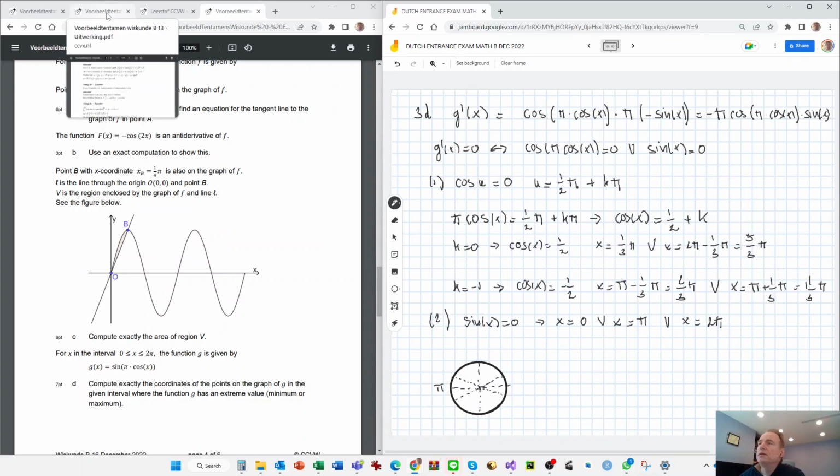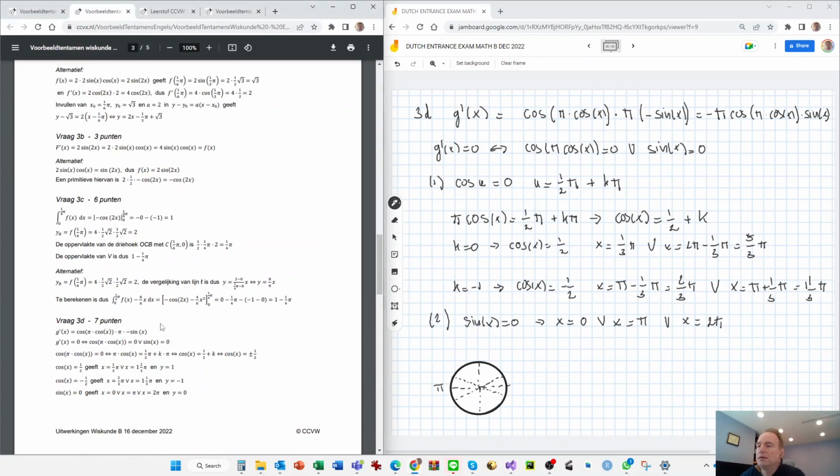Let's see if that's correct. So 1/3 pi, one and 2/3. Two-thirds pi and 1 and 1/3 pi. So that's correct, and then 0, pi and 2 pi.